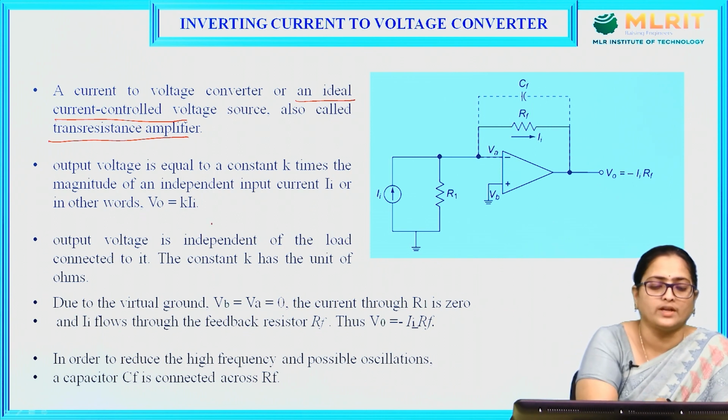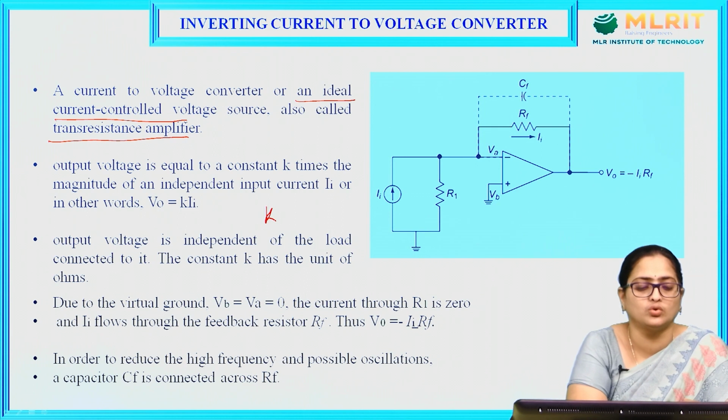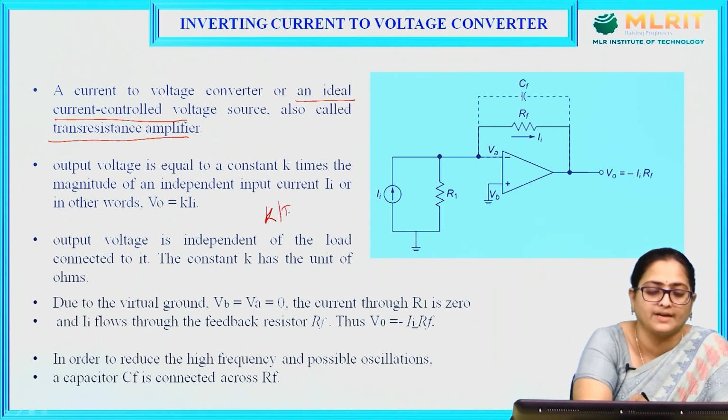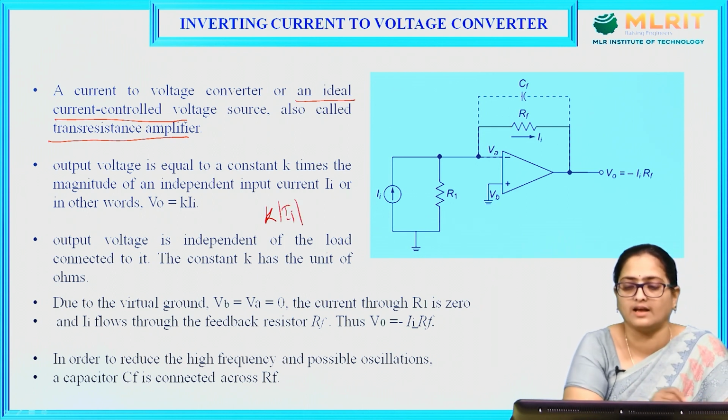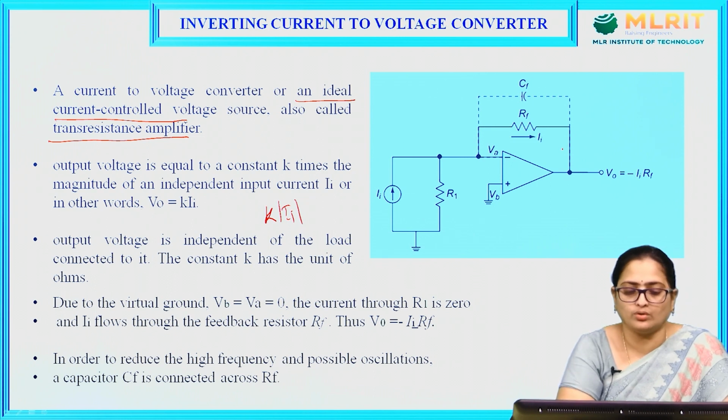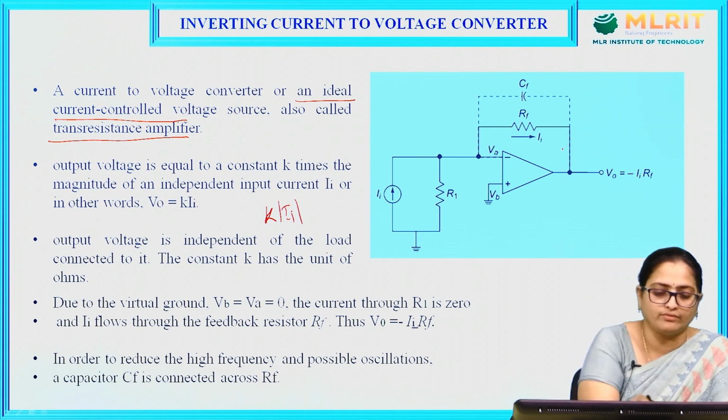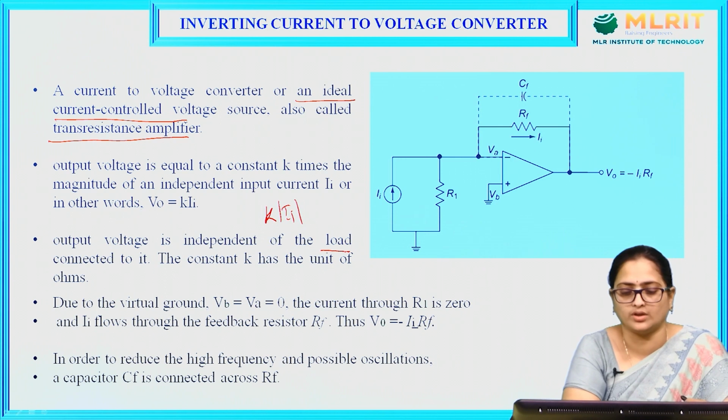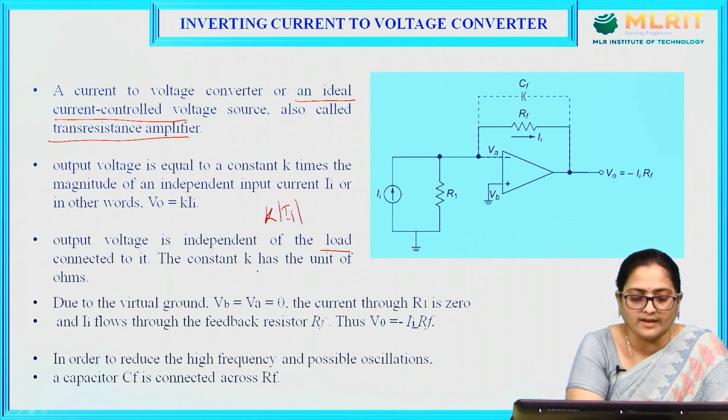The output voltage is equal to a constant K times the magnitude of the independent current, which is I here. The output voltage is independent of the load connected to it. The constant K has units of ohms.